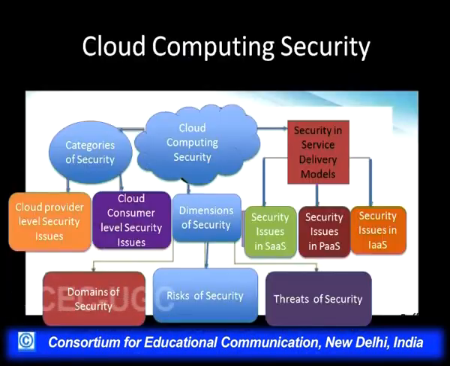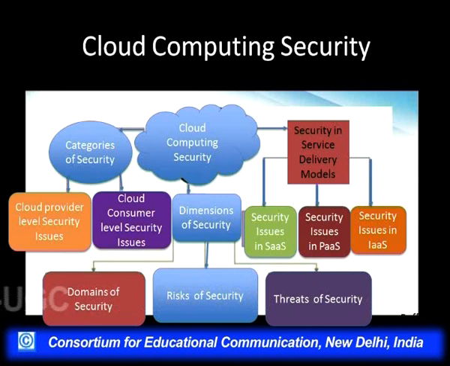Cloud computing security basically comprises different categories. The very first category is cloud service provider level security, and the second one is customer level security, as I have already discussed, because in the cloud ecosystem there are two major entities. One is the service provider who is going to provide these services, and another is the client or the customer who is going to use these services.